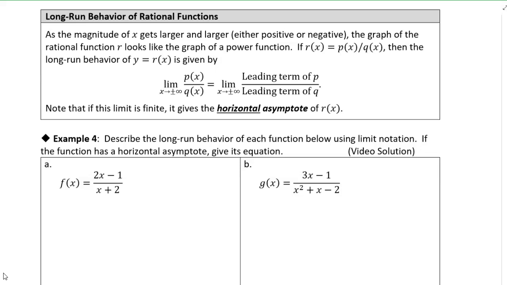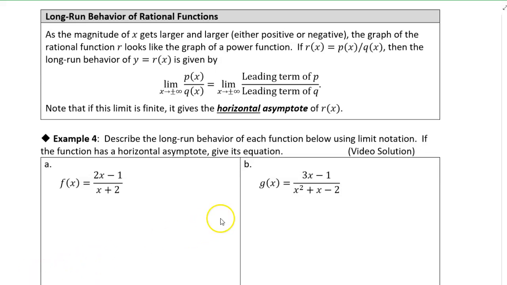We can look at the behavior of that ratio, which just becomes the ratio of two power functions, and that gives us the behavior of the whole function, because those leading terms are going to dominate in the long run over any other powers of x. And if that limit is finite, then we have a horizontal asymptote.